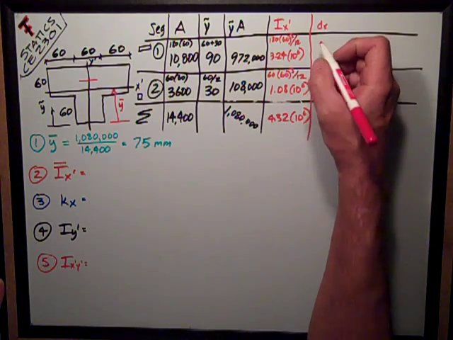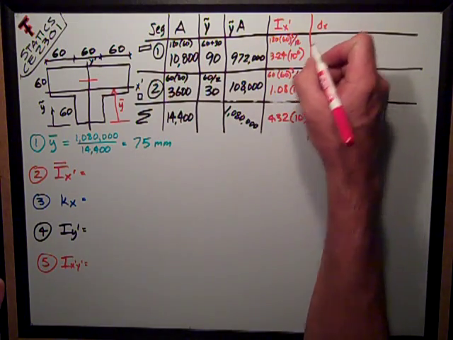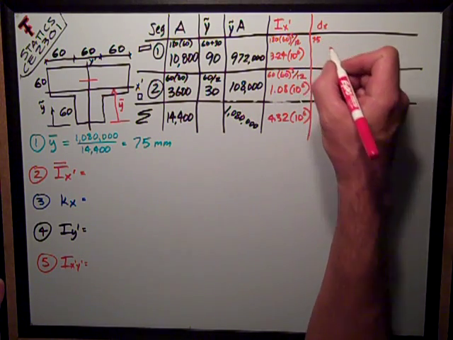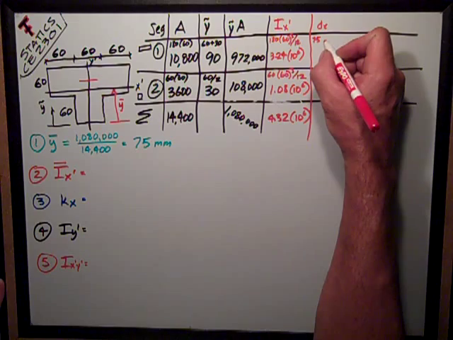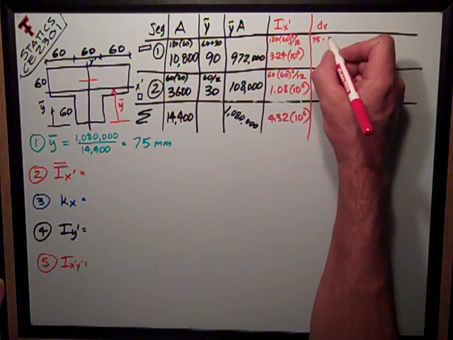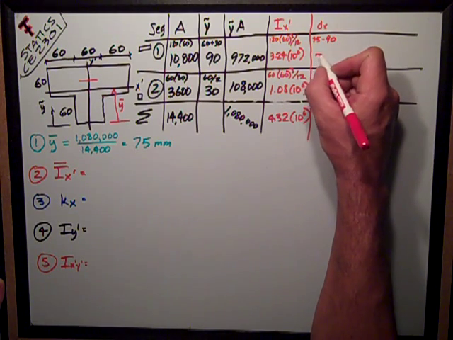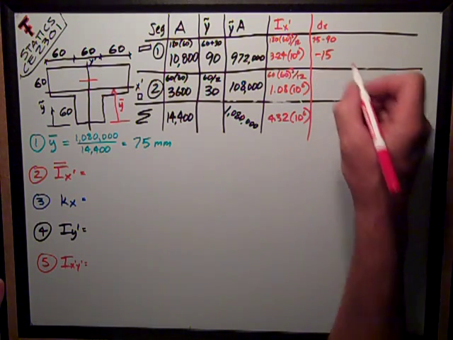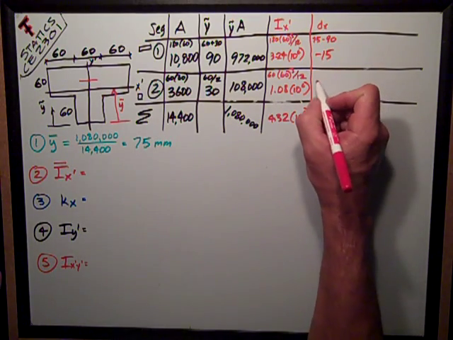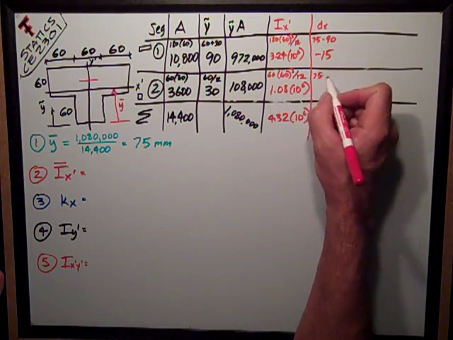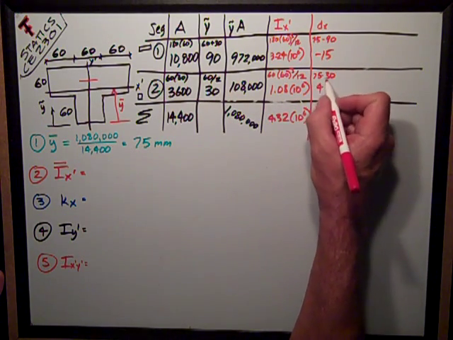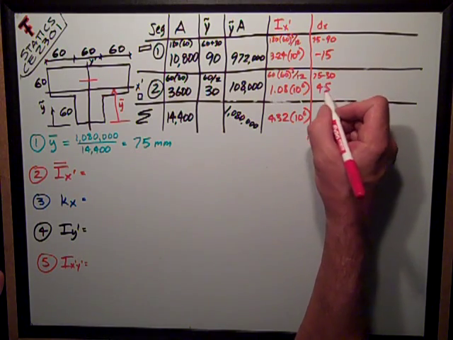For segment 1, the rectangle, the centroid of the overall piece is 75 in the y direction. The centroid of the piece is at 90. It's this column right here, Y tilde. So it's negative 15. For the square on the bottom, I have 75 minus 30, this column right here. So that's equal to 45.